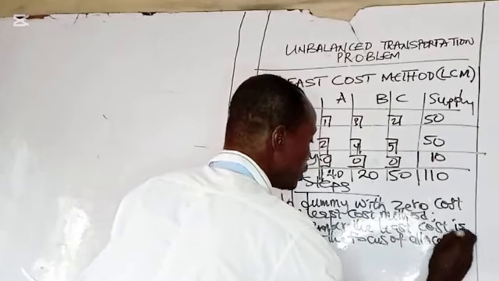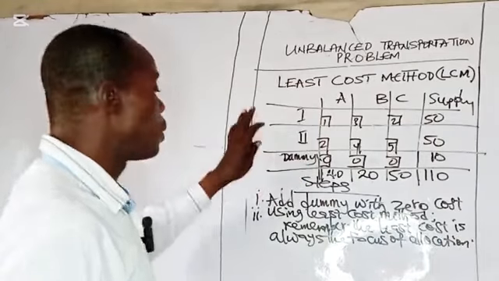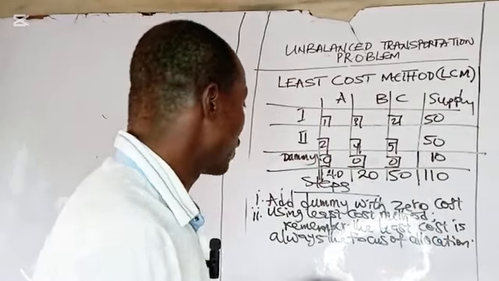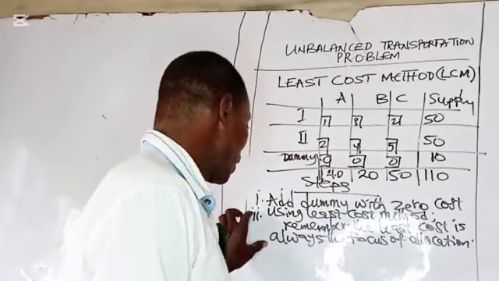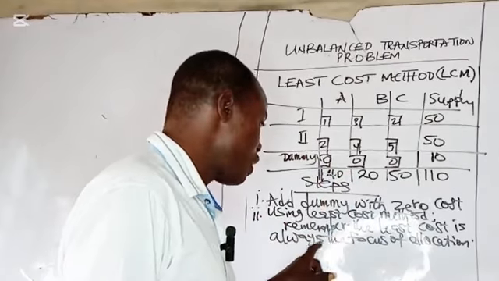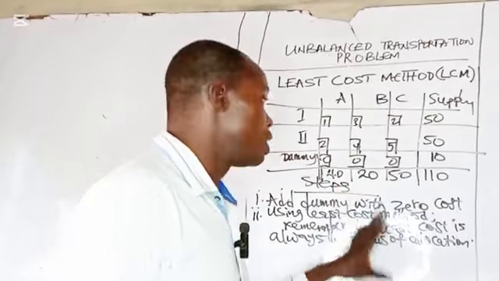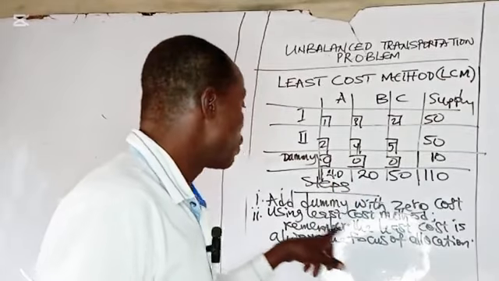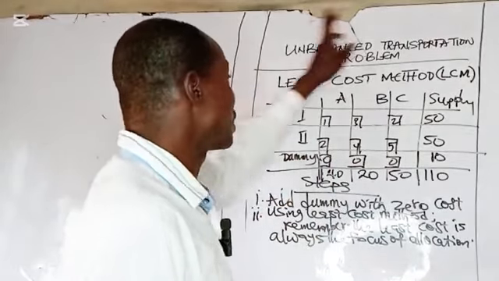The least cost is always the focus of allocation. So you now follow the steps I've given in my earlier video, the steps for solving the problems involving the least cost method. These are the methods you will need to follow when you are solving questions involving unbalanced transportation problem.